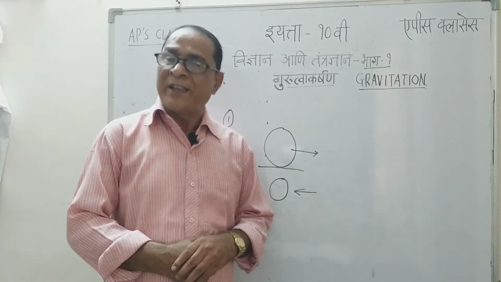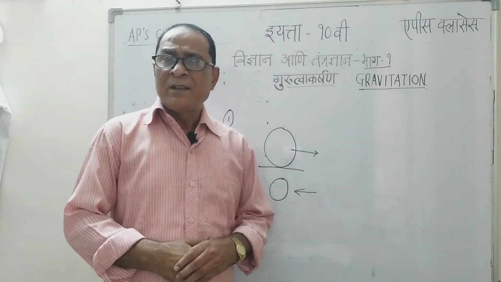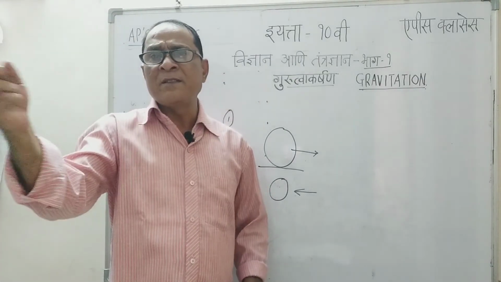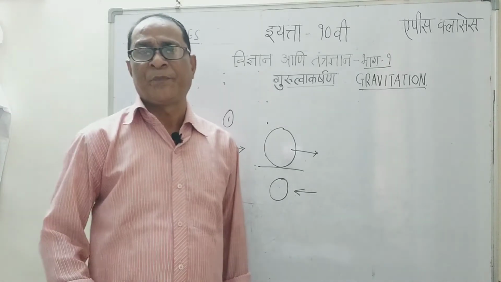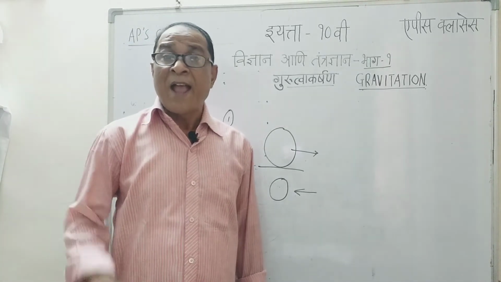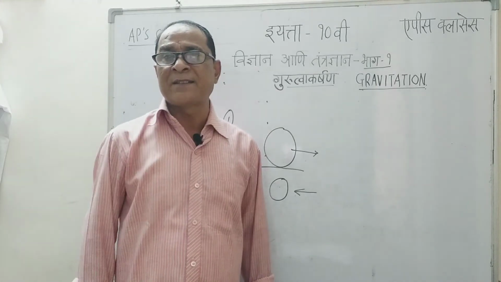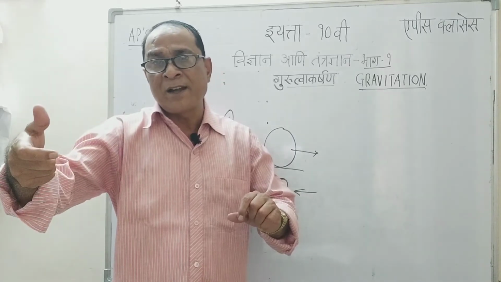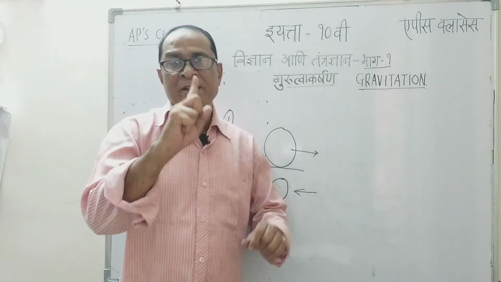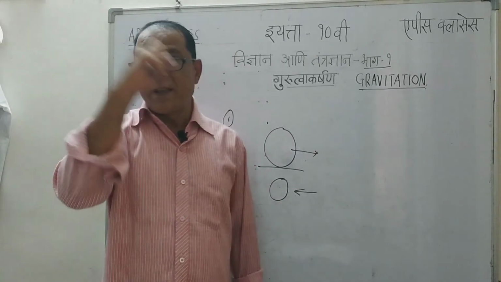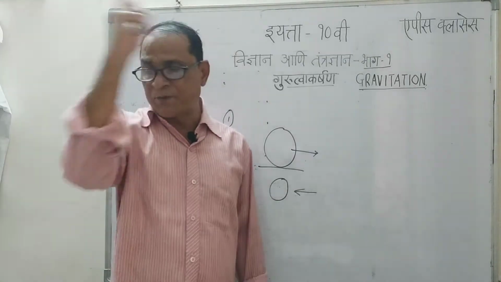Can you recollect what it was? If an object is revolving in some orbit, there is a force called centripetal force. You have done this exercise earlier: an object is tied at one end of a string, the other end is in my hand, and you revolve it. A circular motion of that object happens.